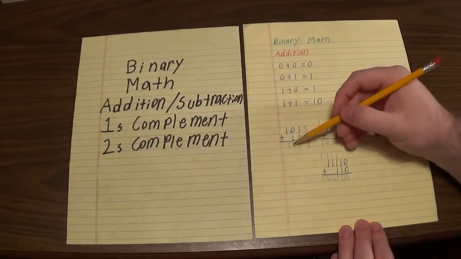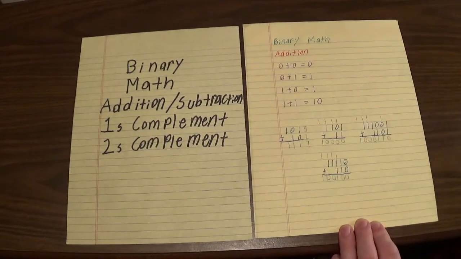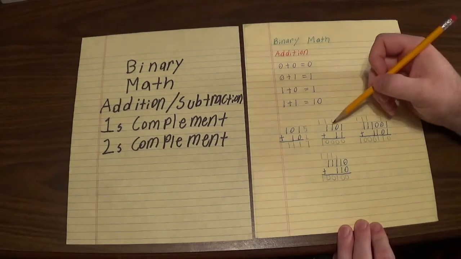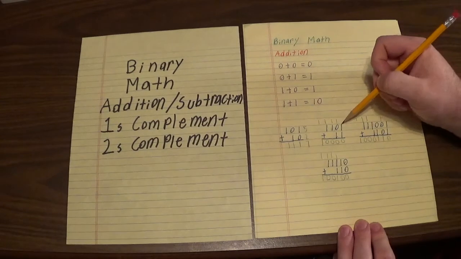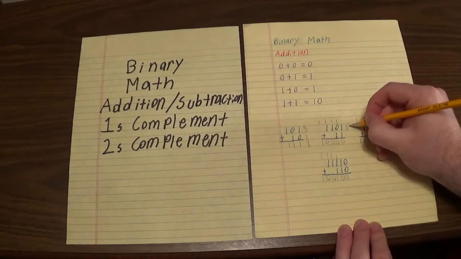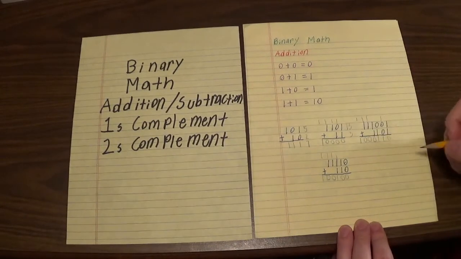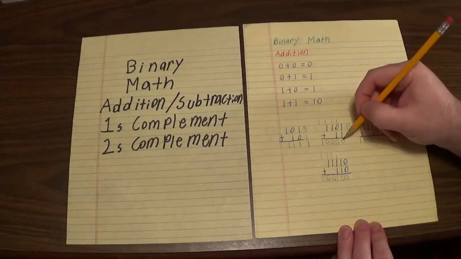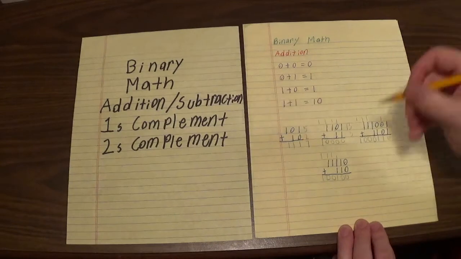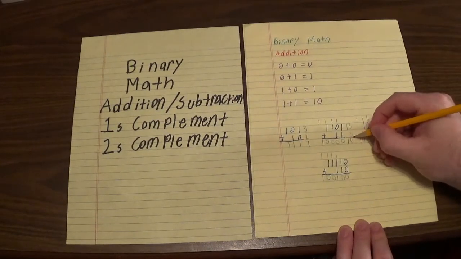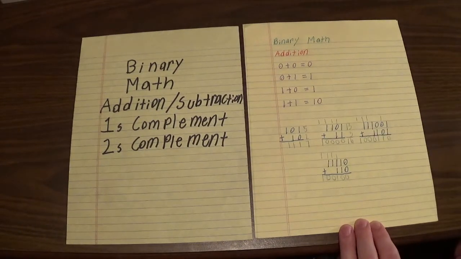So we did that right, because that's 4 plus 2 plus 1. Okay? So here I have 8, 4, and 1, so that is 13. And I have 2 and 1, which is 3. And if I count this over, 1, 2, 4, 8, 16. So 13 plus 3 is 16.